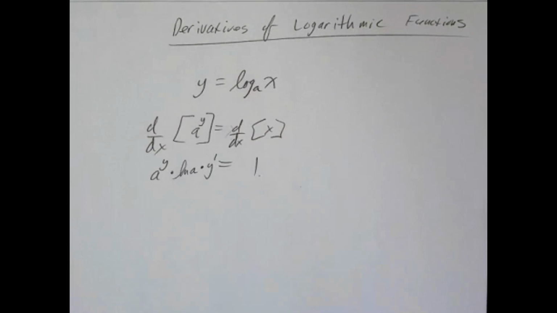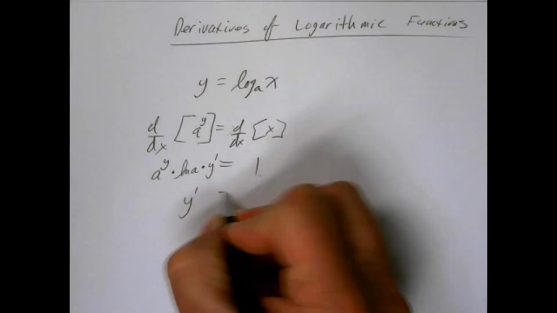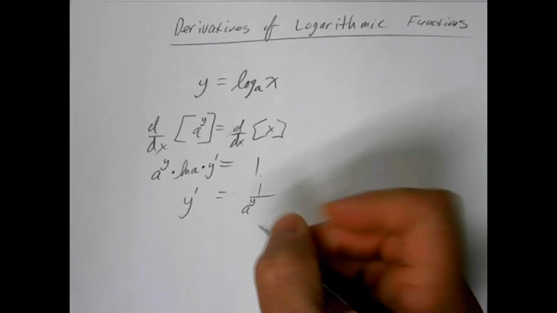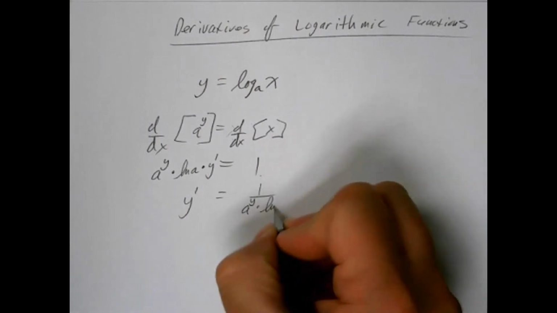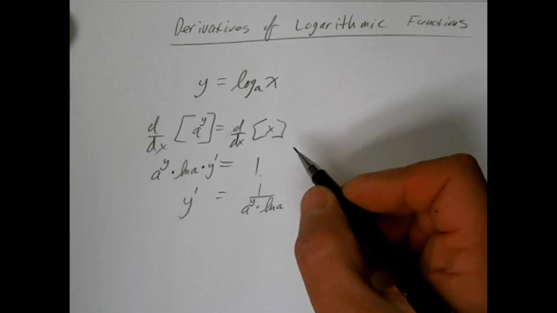All right. So solving for y prime, this gives us that y prime is equal to 1 over a to the y times natural log of a. All right. So a to the y, again, what is a to the y?